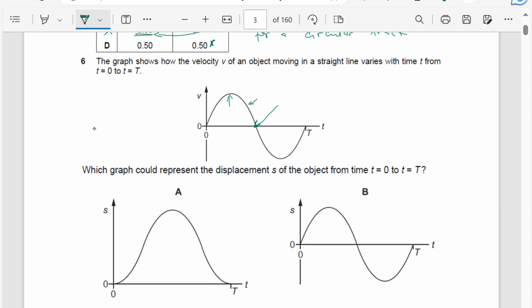And so it means at this point here, where v is equal to 0 again, maybe the body is at maximum displacement. So the velocity was increasing, it remains constant, then it decreases.